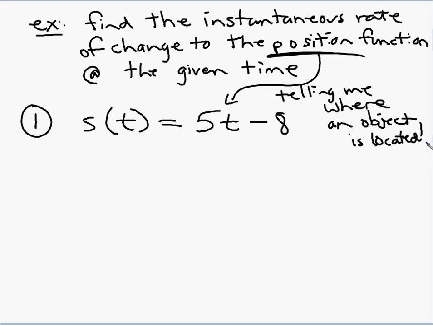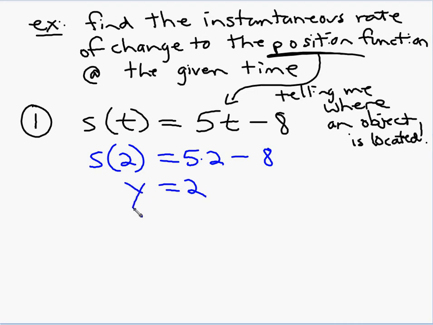What do I mean? Just watch very simply. Let's say that the time was 2 seconds. At 2 seconds, I could say that this particle or this object is located at 5 times 2 minus 8. 10 minus 8, it is located at 2. Okay? And then, right, y equals 2.